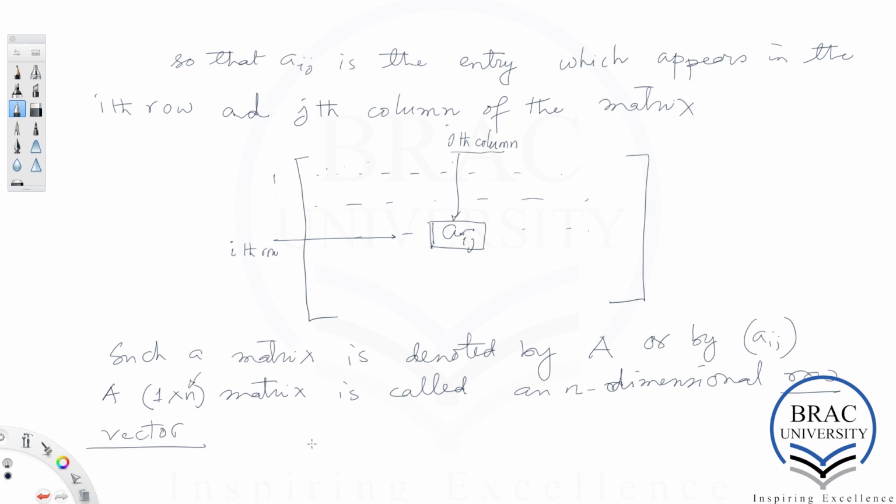So a row vector is written like this: a1 all the way up to an. As you can see, there are n columns here and there is a single row.